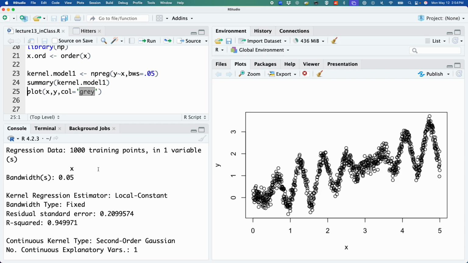It will still give us metrics for the overall model, like the R squared and the standard error that you can extract, but nothing interpretable in terms of relationships between your x's and y's.